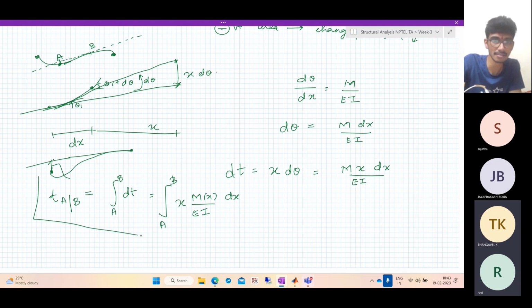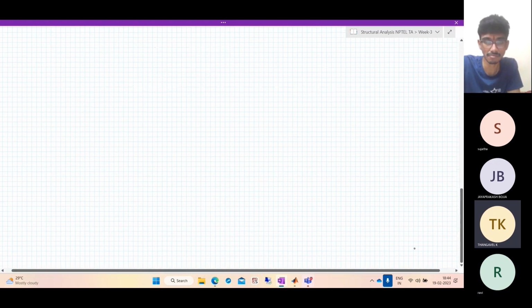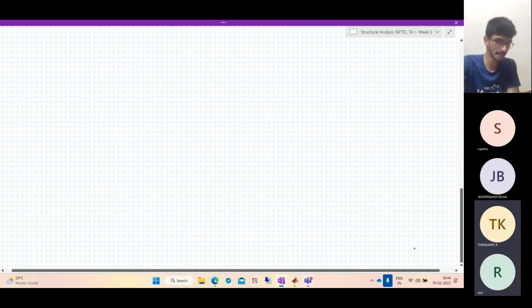So this is the second moment area theorem. What is it?